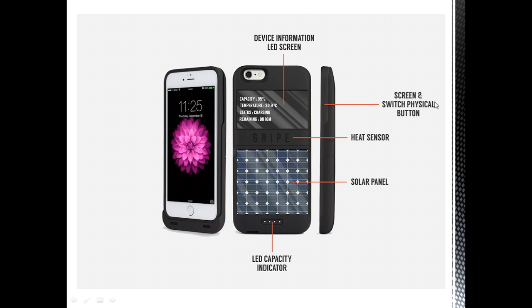For the next features, we have the screen and switch physical button. We can look at it here, and also the heat sensor in this part.